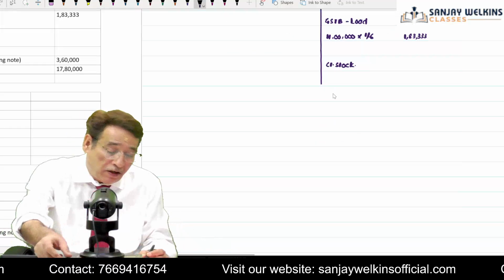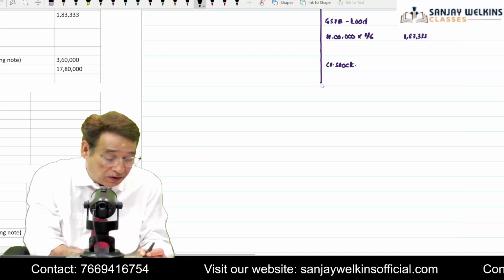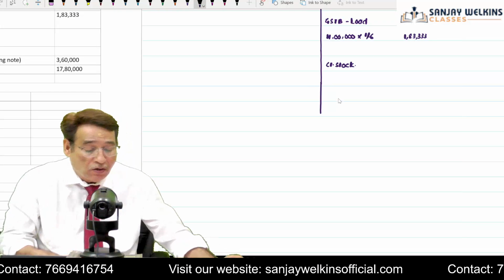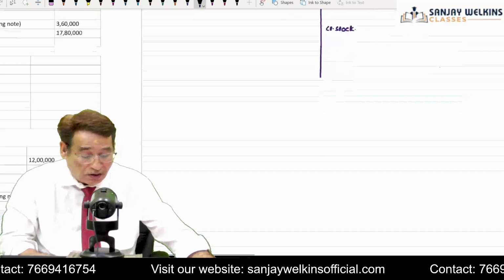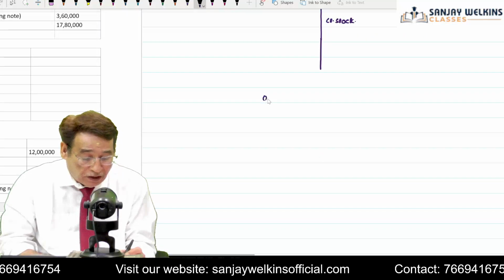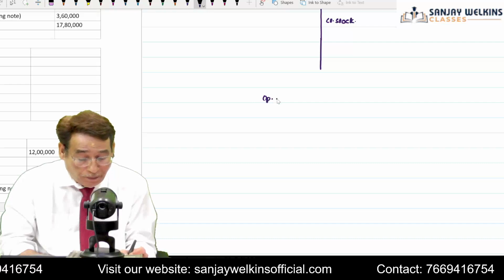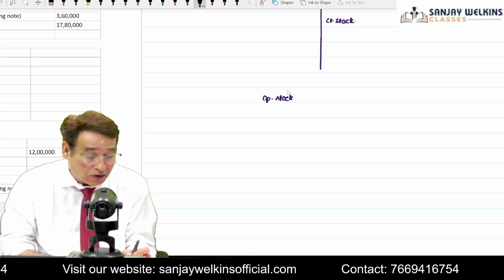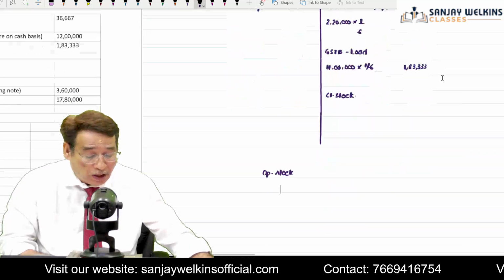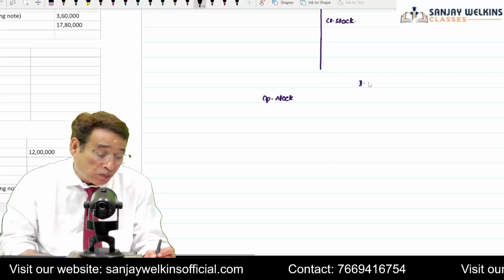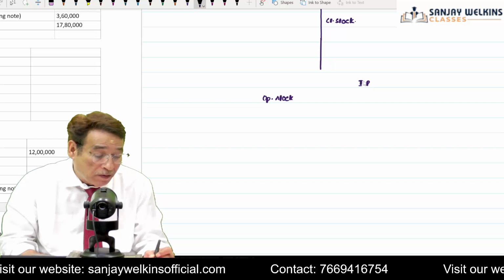And how to find out the closing stock? This is the important point. In order to find out the closing stock, first of all, you need to understand that opening stock which is available with the branch at invoice price is 2,20,000. All these items are at invoice price. Remember one thing, correct?